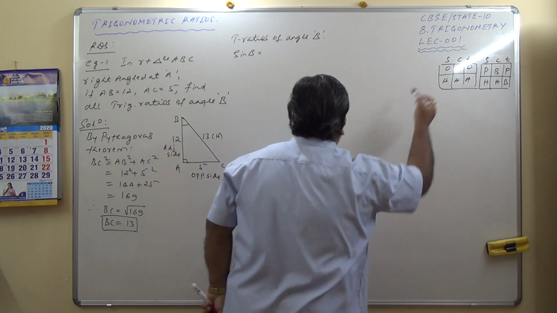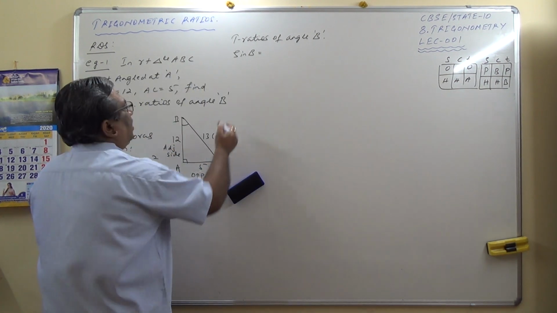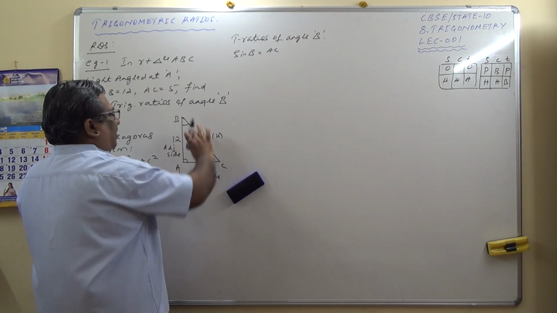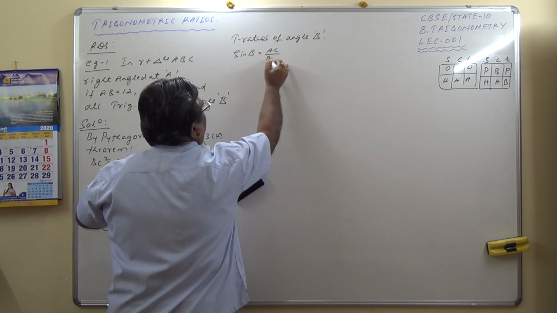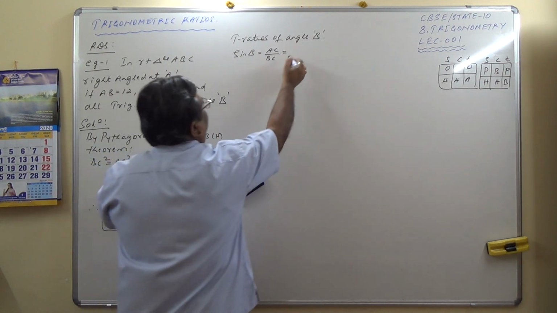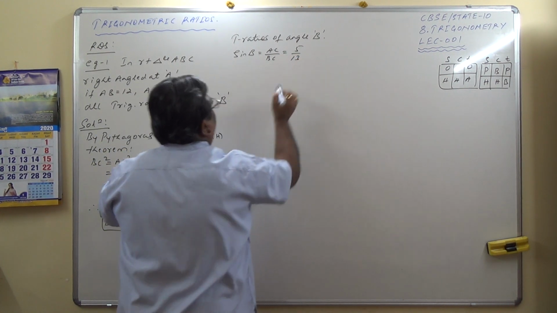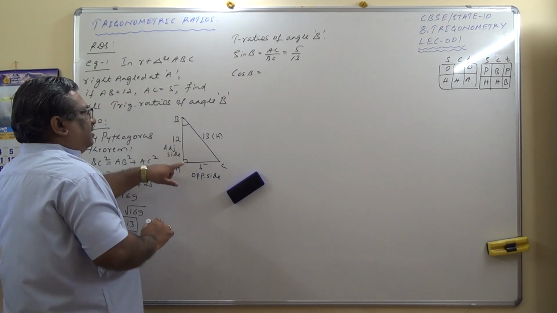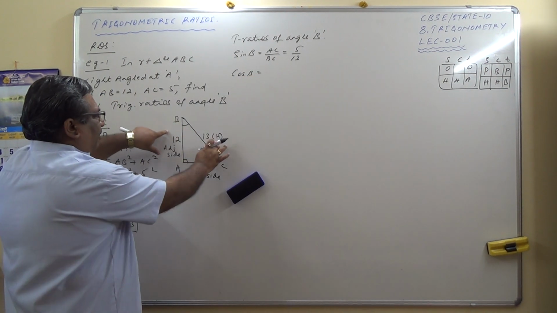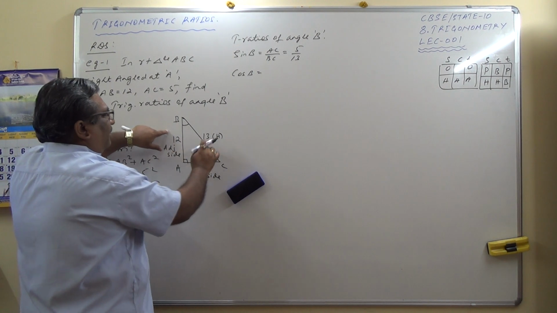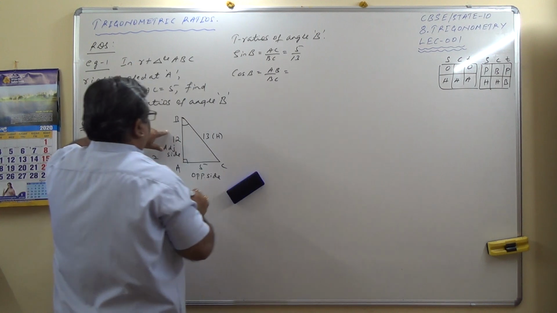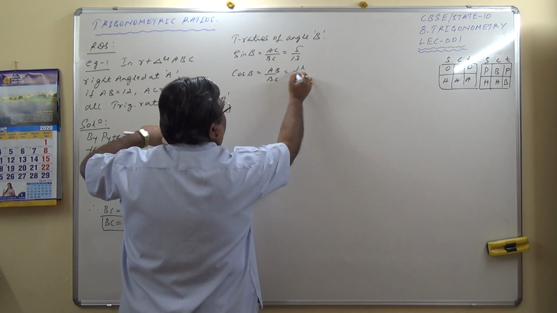Okay, so sin B equals opposite by hypotenuse, AC by BC, which is 5 by 13. Cos B is adjacent by hypotenuse, AB by BC, 12 by 13.